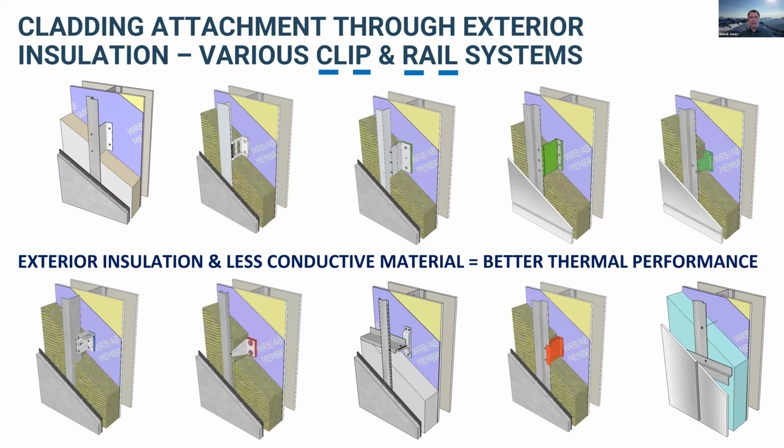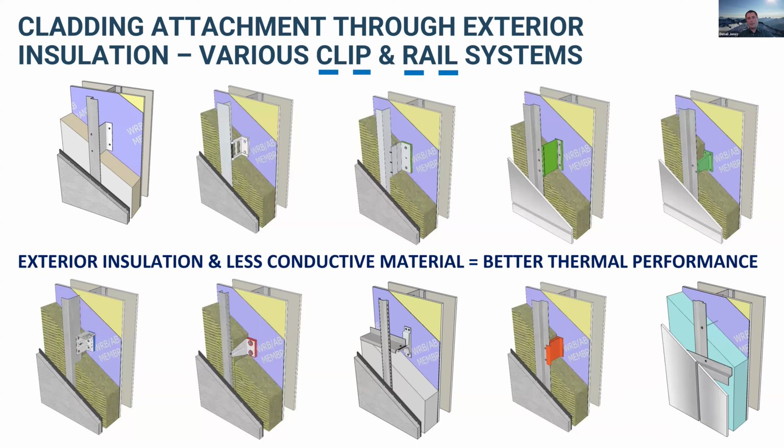So now there's dozens, I haven't listed them all here, but lots of different ways to get a better thermal performance out of your continuous insulation. So there's clip and rail systems. There's continuous fiberglass girts.